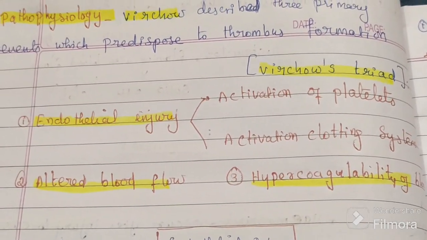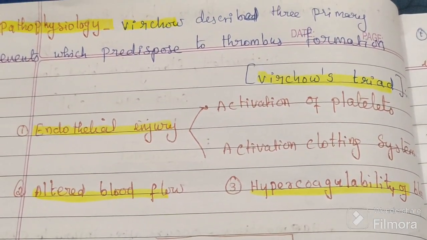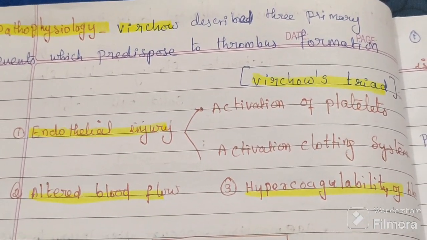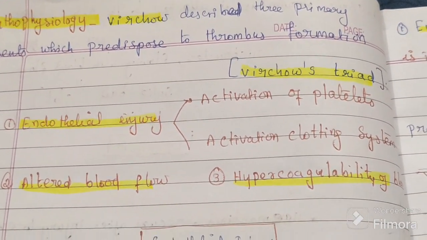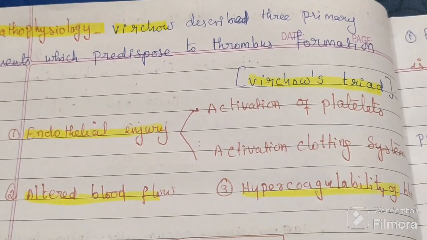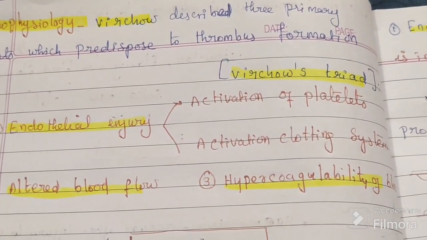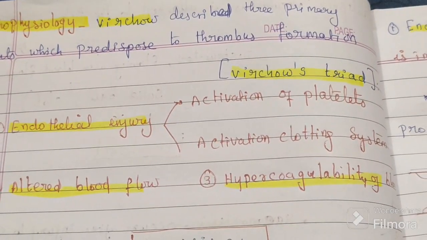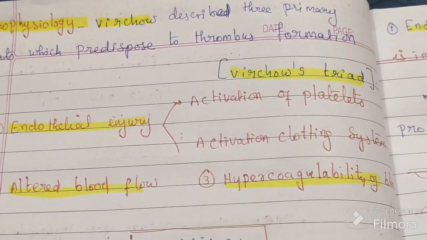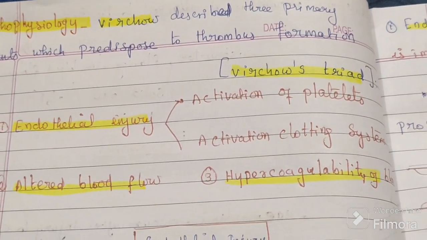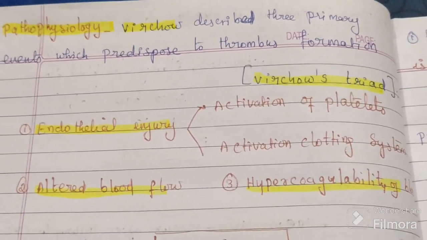One is endothelial injury, second is altered blood flow, third is hypercoagulability. These three are the triad of Virchow.